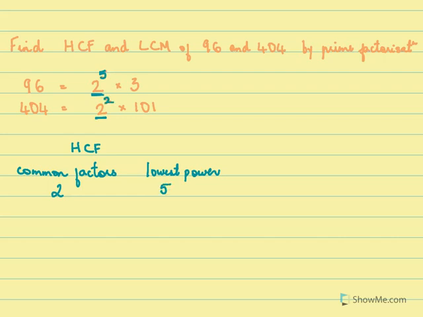Here 2 is raised to 2. The highest power is 5. So the HCF will be 2 raised to 5, and that is 32. To find the LCM, we take all factors and find which is the highest power of the factor.